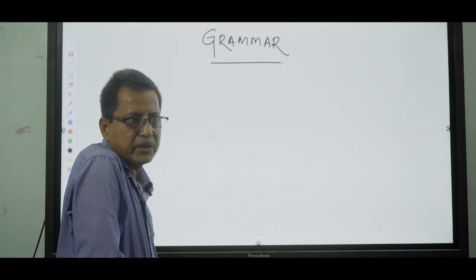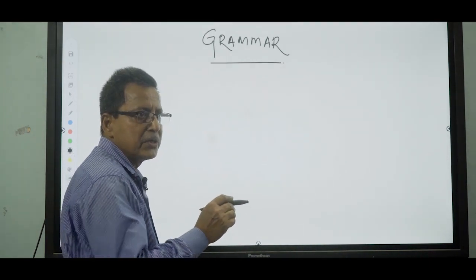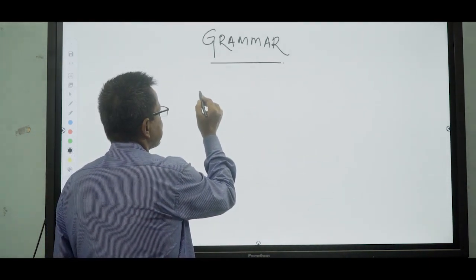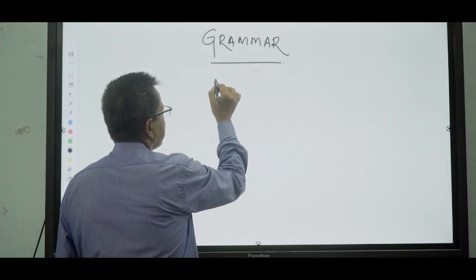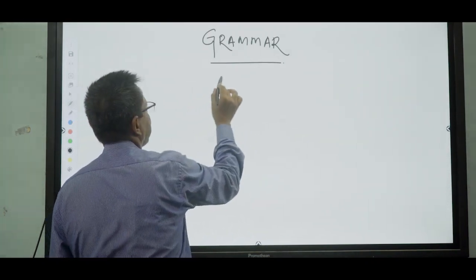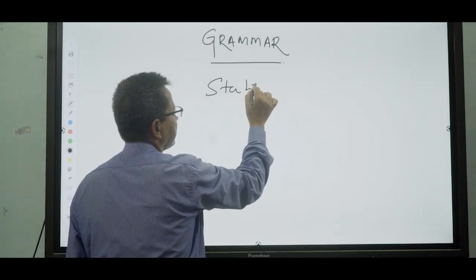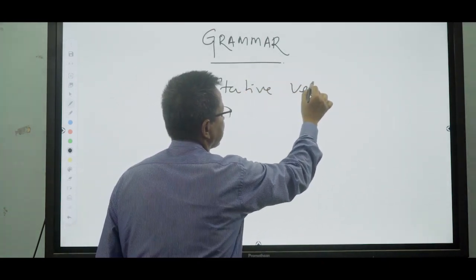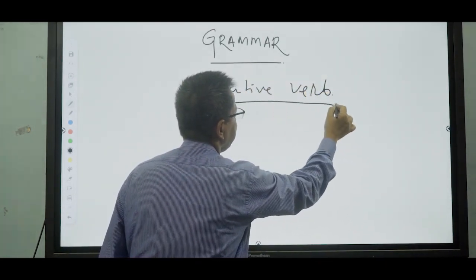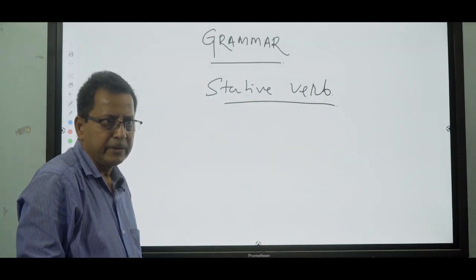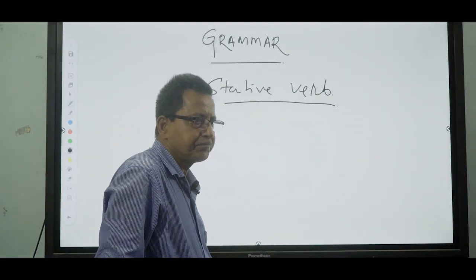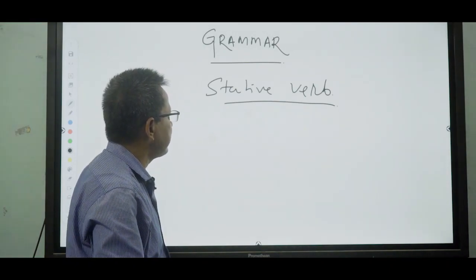But in English they usually restrict themselves to simple present, that is feel. The verb is known as stative verb. That means being in a state itself is an action, and therefore stative verb.